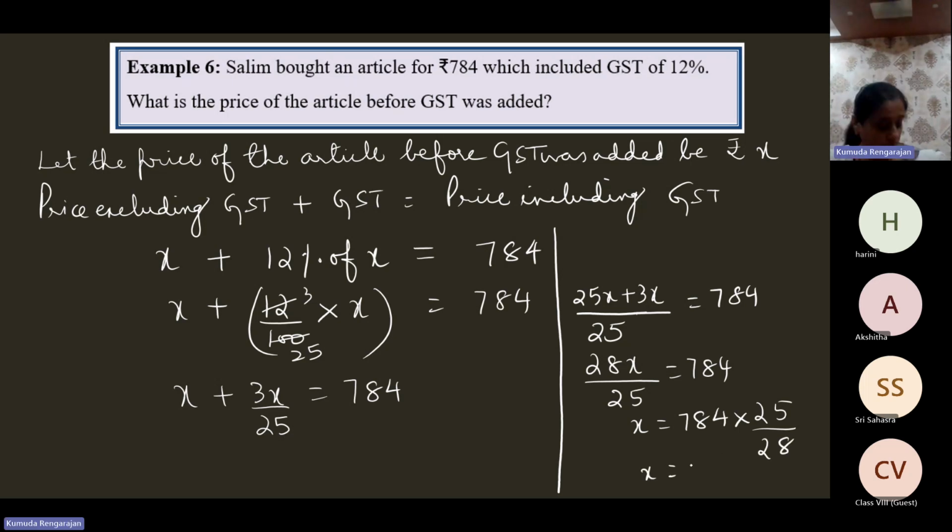So X is equal to 784 divided by 28 times 25. You please simplify carefully. 700.